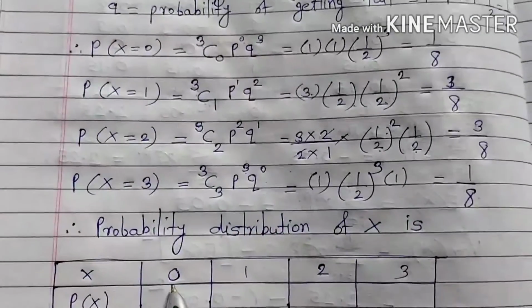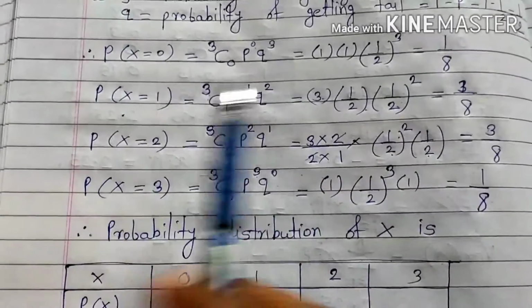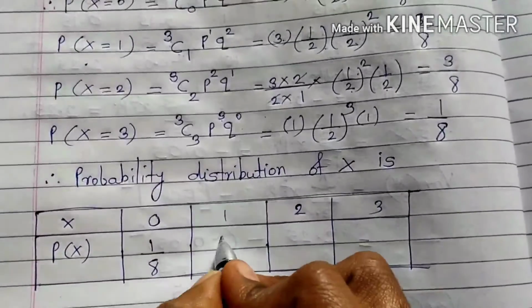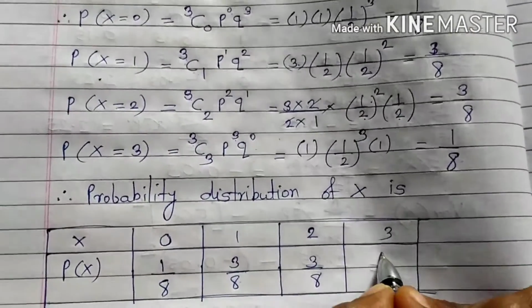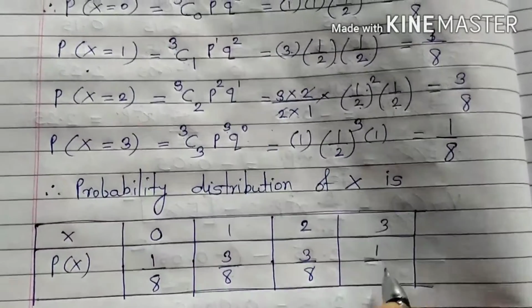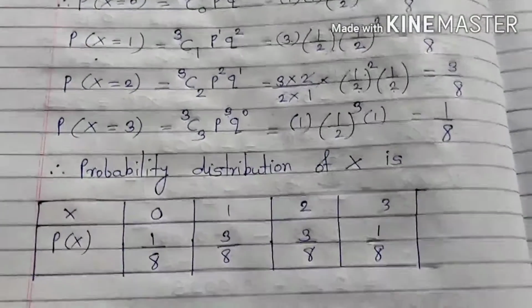So when x is equal to 0, the probability is 1 by 8. When x is equal to 1, the probability is 3 by 8. When 2, 3 by 8. When 3, it is 1 by 8. When you add them, the sum is 1.